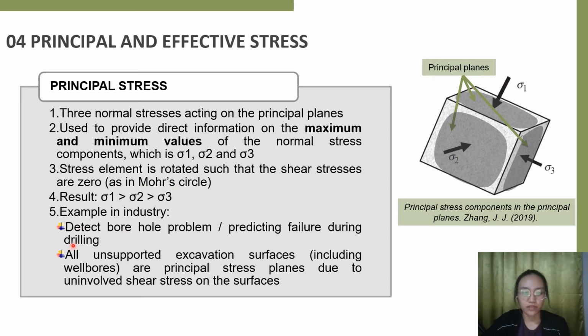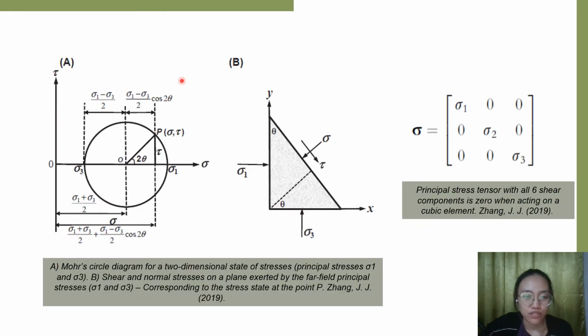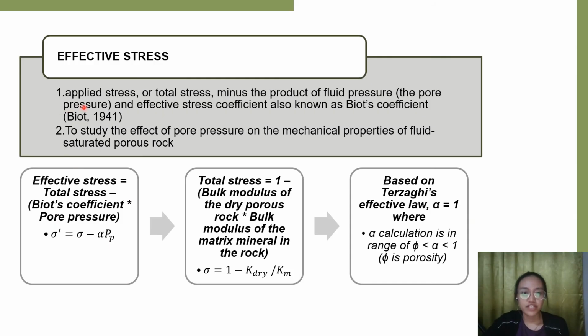These are a few examples in industry that apply the principal stress. So this is the 2D Mohr circle diagram where sigma 1 is a higher value than sigma 3 when the shear stress is 0. So to define the effective stress: it is equal to total stress minus the product of Biot's coefficient and pore pressure.